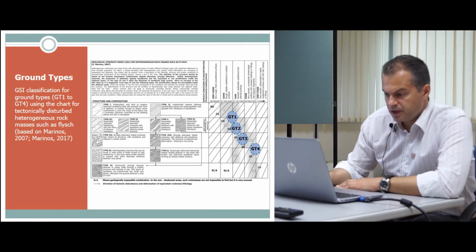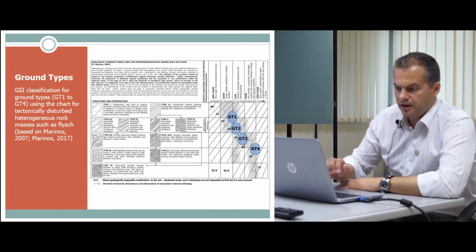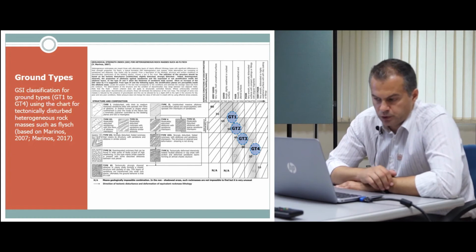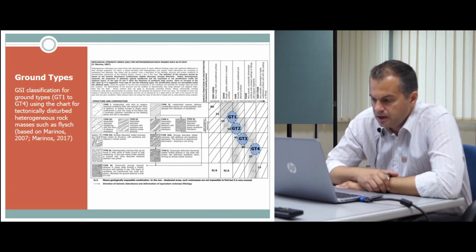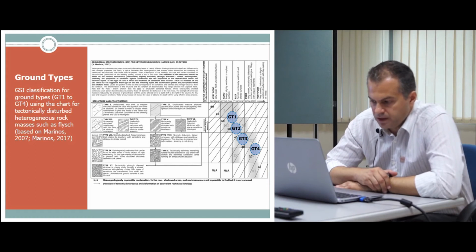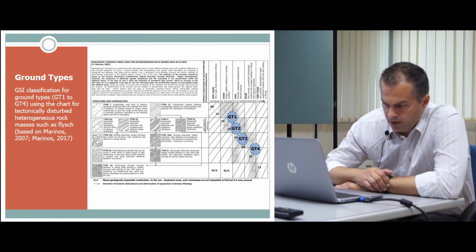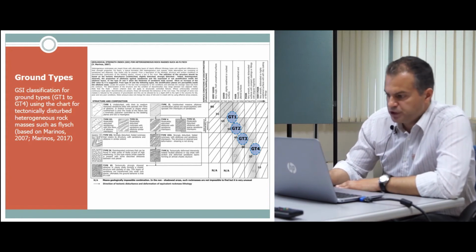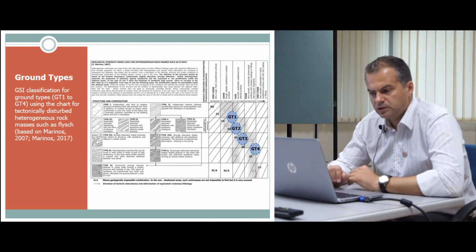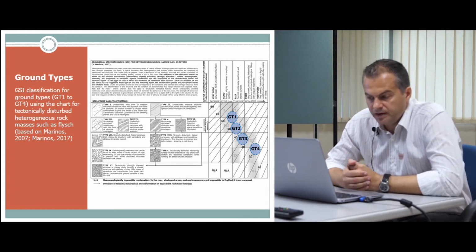Here we can use the GSI for heterogeneous rock masses such as flysch. So we can use this chart here. You can see projected the ground types we discussed before. And we can proceed now to defining all these ground types with the key parameters.